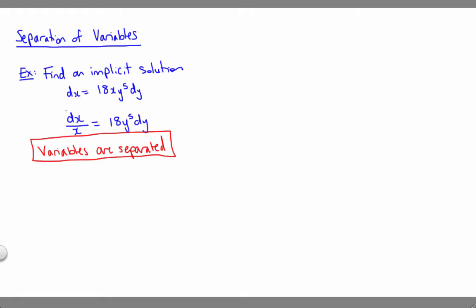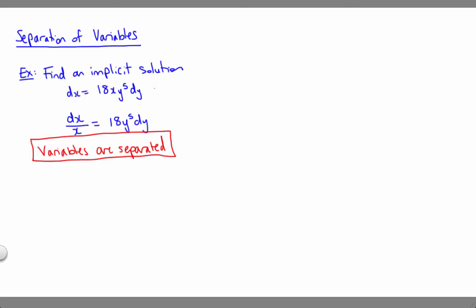What that means is that on the left side, we've only got x terms. We've got a dx and an expression involving x. Whereas on the right side, we've got the differential involving y, dy, and some expressions involving y. So if we say this differently, there are no y's on the left side and there are no x's on the right side. The variables are separated.